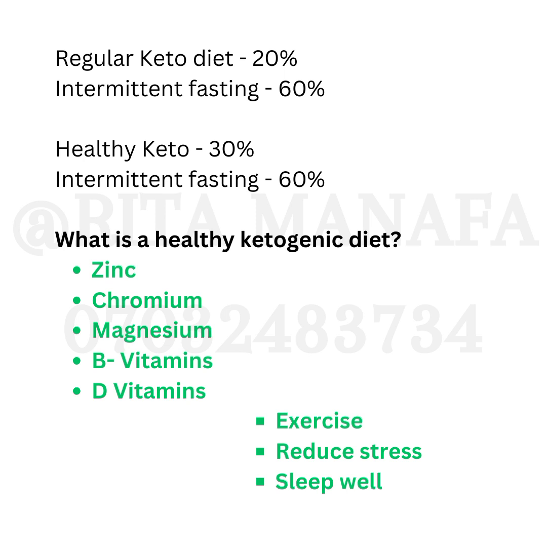Some of these vitamins and minerals are zinc, chromium, magnesium, B vitamins, and D vitamins. These are the top ones that you should get. You must be particular about these because they are very key when it comes to shifting that metabolism away from carbohydrates and reducing your insulin resistance.